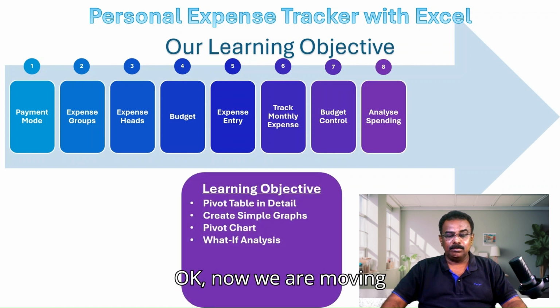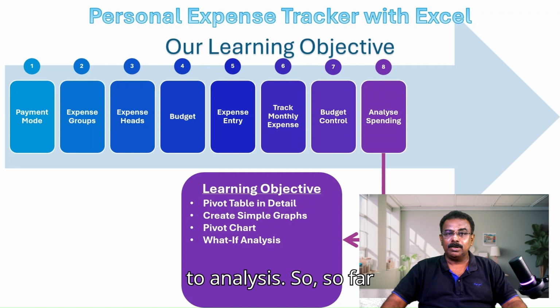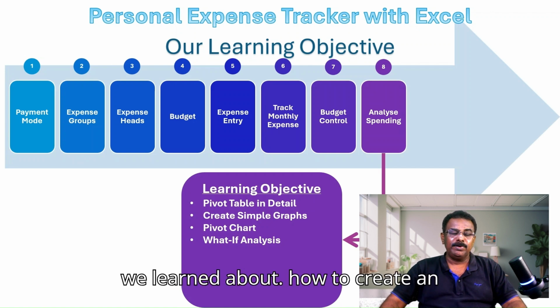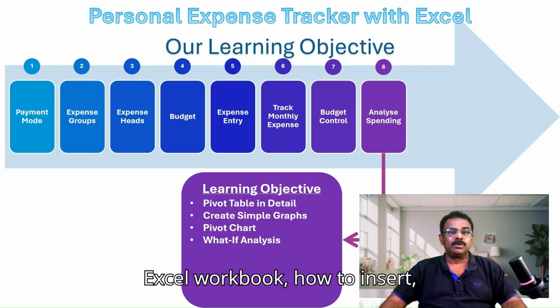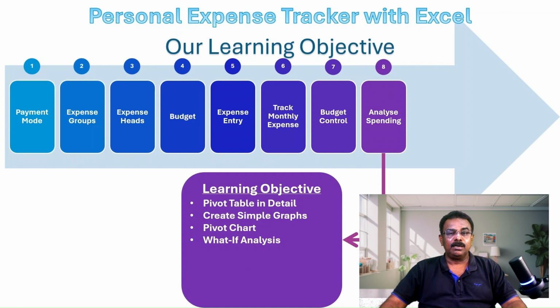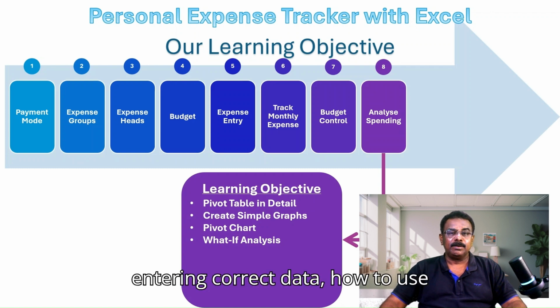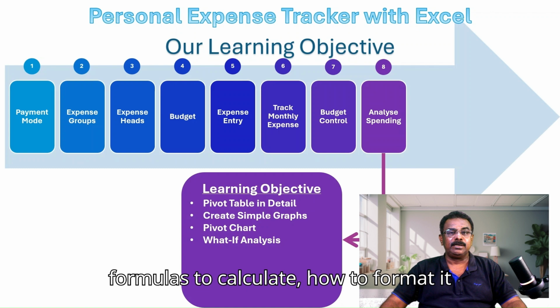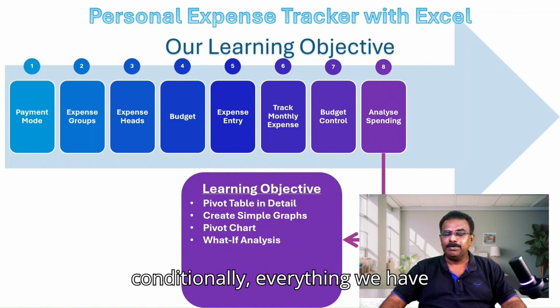Okay, now we are moving to analysis. So far we learned how to create an Excel workbook, how to implement controls on entering correct data, how to use formulas to calculate, and how to format conditionally. Everything we have learned.